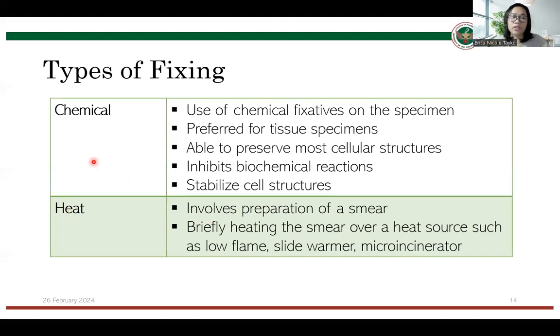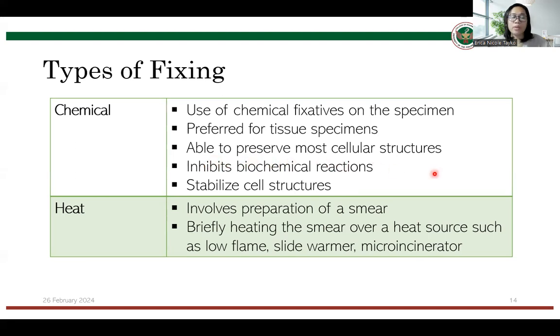But actually, another way to do fixing is to use chemicals. Usually this is performed with tissue specimens. That's why the more common fixing method that we do is heat fixing.